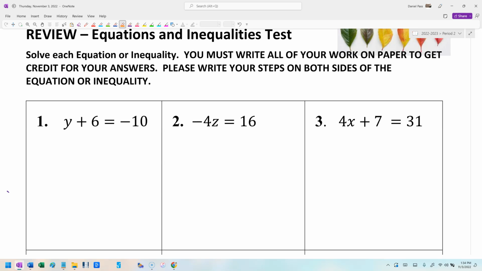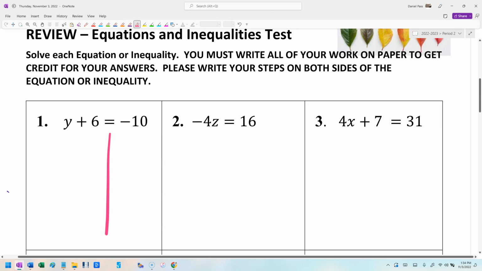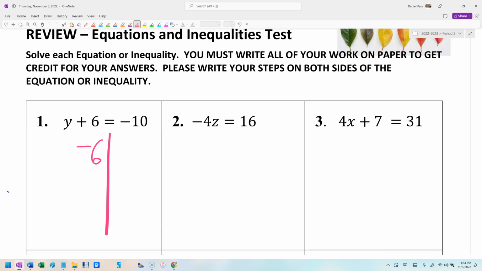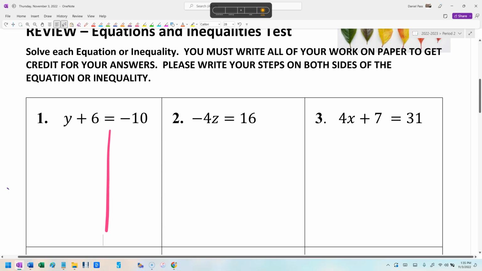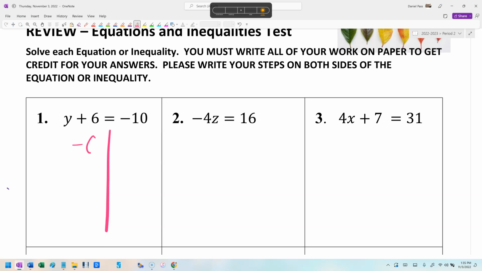Okay, so first to get rid of the 6, you have to do the inverse operation. Hey, good vocabulary. And so you have to do negative 6. And what you do on one side, you have to do on the other side. Okay, if you do it on one side, you do it on the other side.